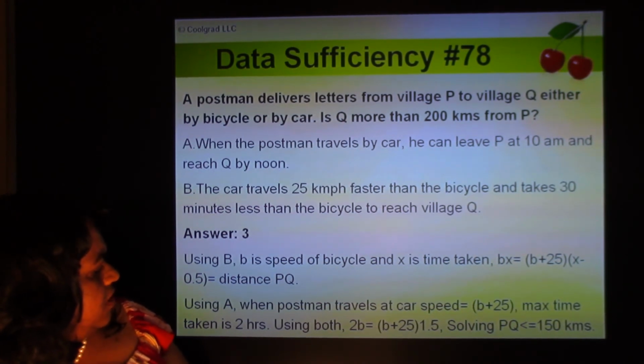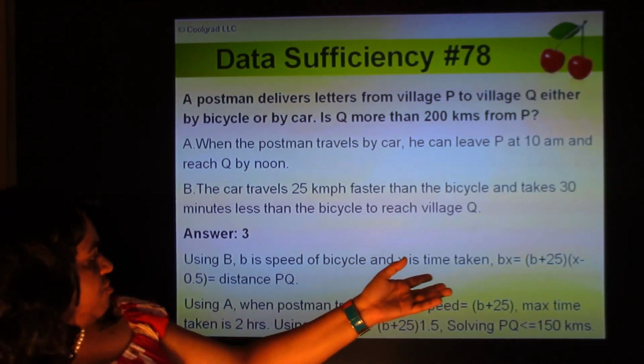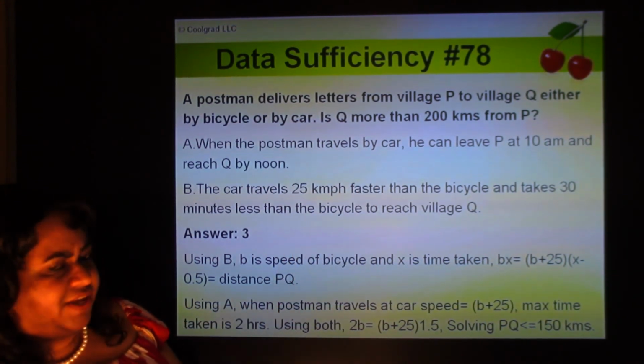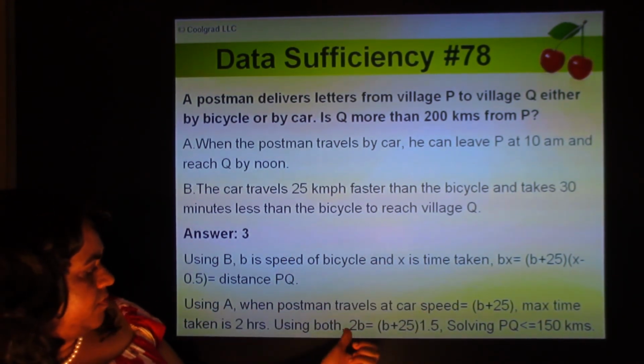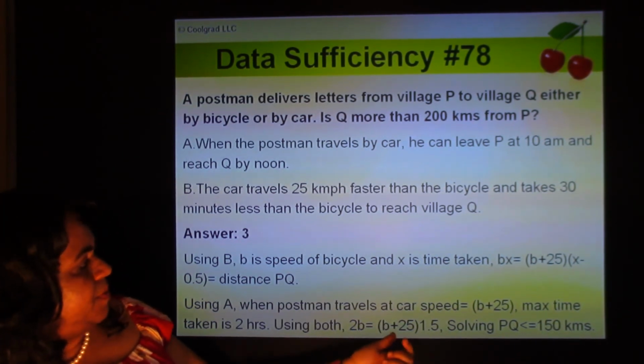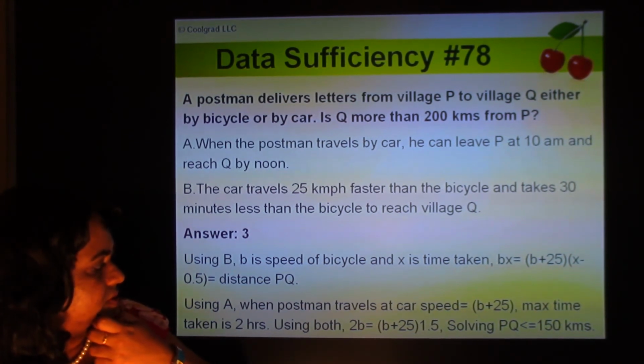Plug that into the equation from B. Using A alone or B alone, we cannot solve it. But using both, we get 2(B plus 25) equals B times 1.5.